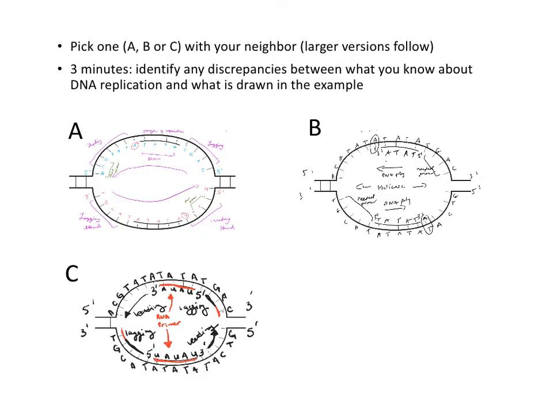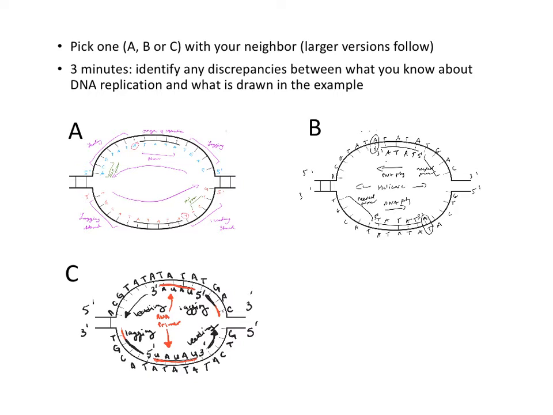Okay, little activity. This is going to be, I think, maybe for now anyway, the end of origin of replication bubble analysis. But there are three different anonymous student submissions from this project that I would like you to please help me evaluate. So turn to a neighbor or a small group, pick A, B, or C. These are in bigger formats on the next three slides.